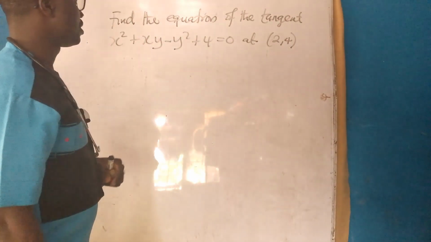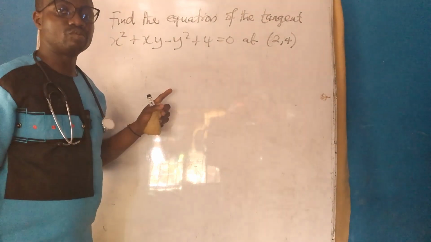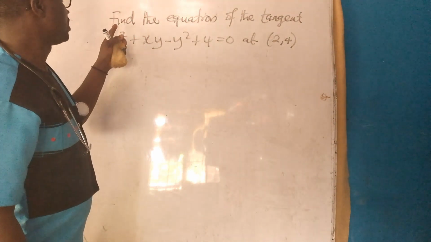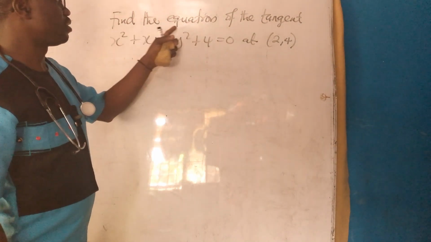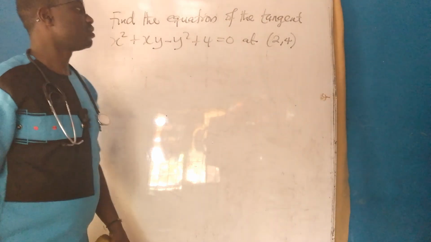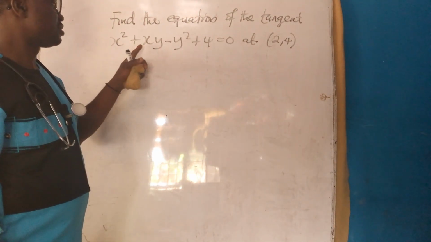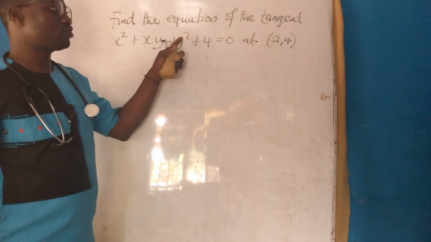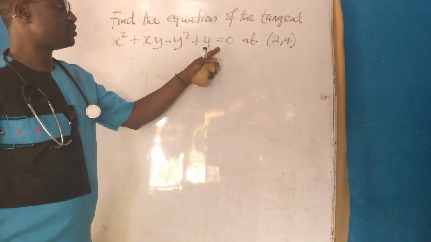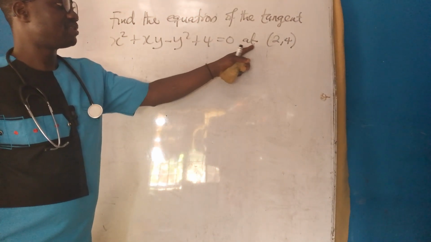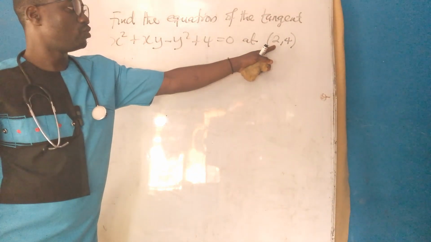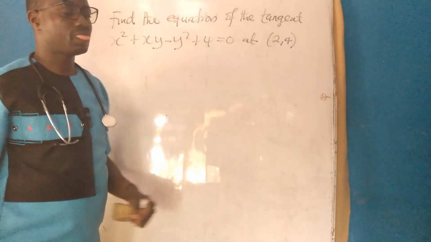Now let's look at this calculus question, but it involves coordinate geometry. The question says find the equation of the tangent to x squared plus xy minus y squared plus 4 equals 0 at the point (2, 4).